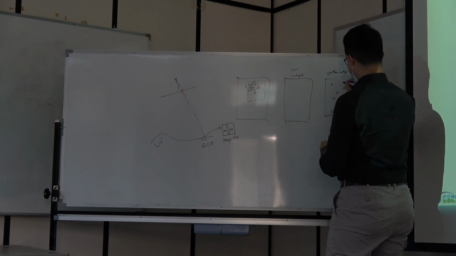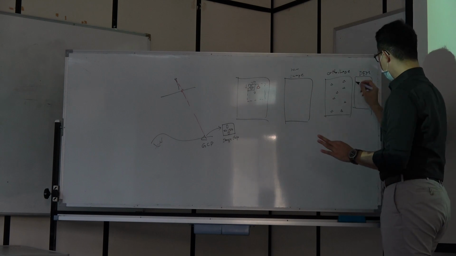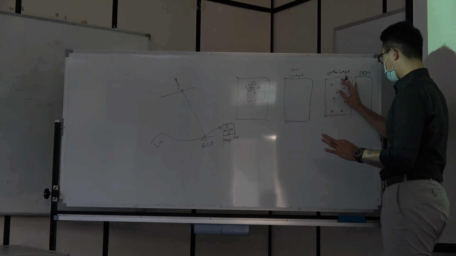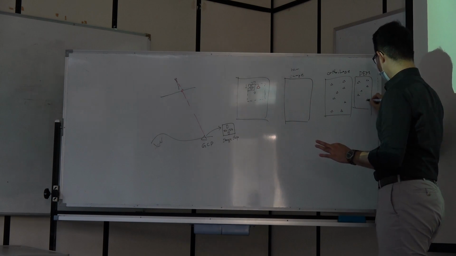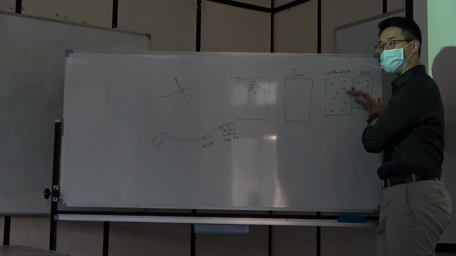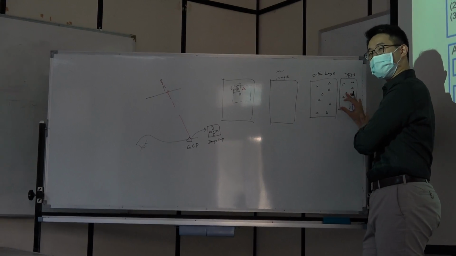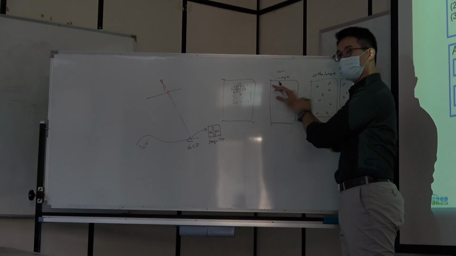So those could be the features that you have, and then you can go back to the corresponding location to find out the elevation. So you have the X, Y, Z, and then you can reproject it to the raw image.